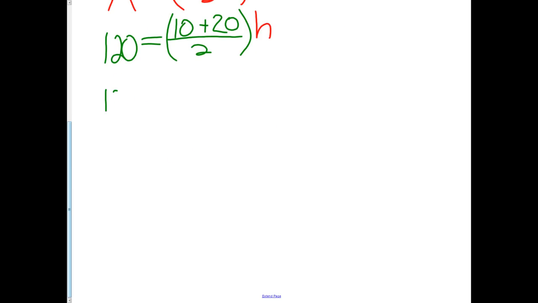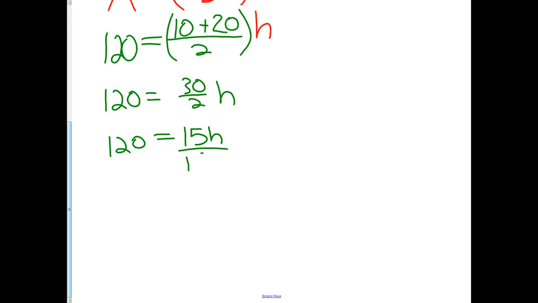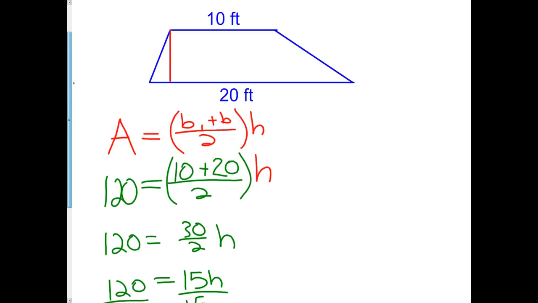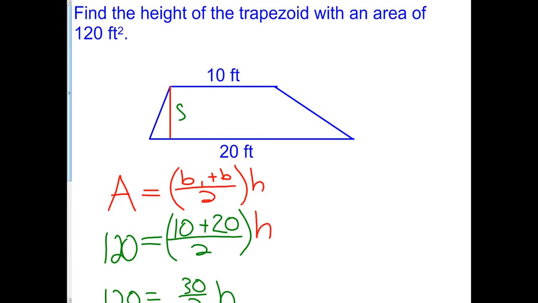We have 120 equals 30 over 2 h, or 120 equals 15 h. Divide by 15, divide by 15, and we will get h equals 8. We now know what the height is. We can go back in here and say that the height is 8.